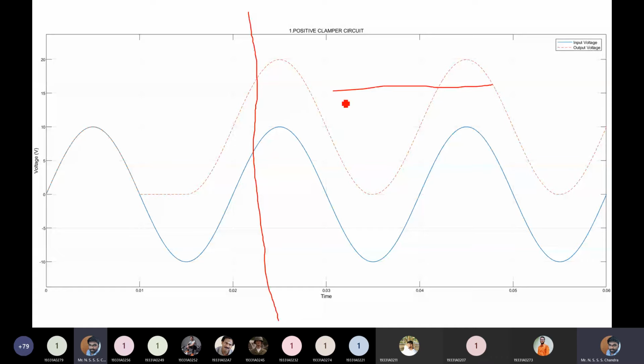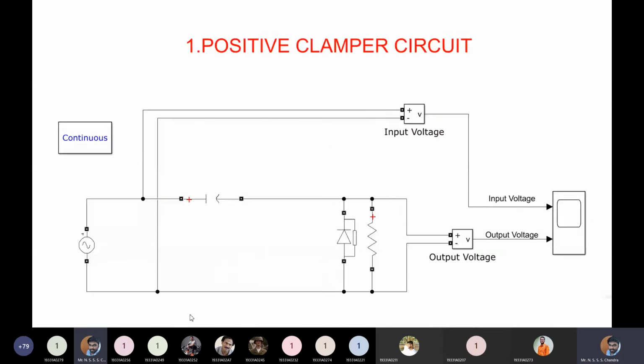Okay, this portion usually in the textbook they avoid, because this is not a settled output, it's only a transient condition. You will observe this output only in the initial 0 to 0.02 seconds. But for the remaining entire circuit operation, you will have an output very similar to this.